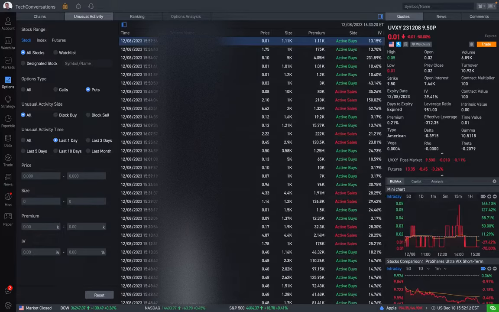Now next, we want to be able to dive deeper with Moomoo's detailed visualization of strike price and volume distribution. So where do we see this? Again, if we go back up to the top, there's this tab called Options Analysis.